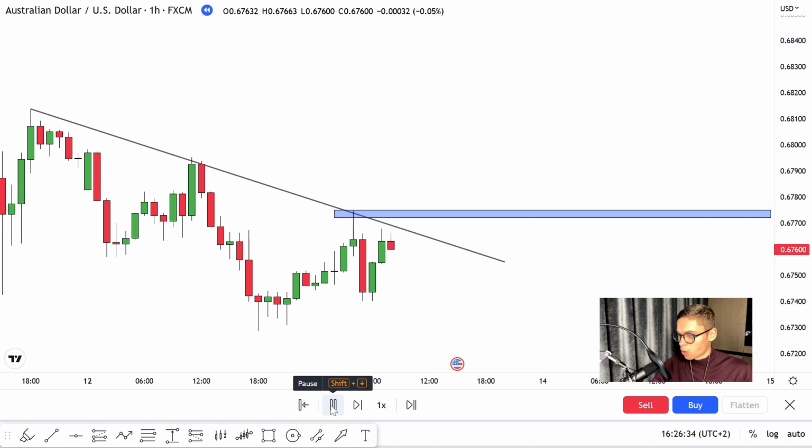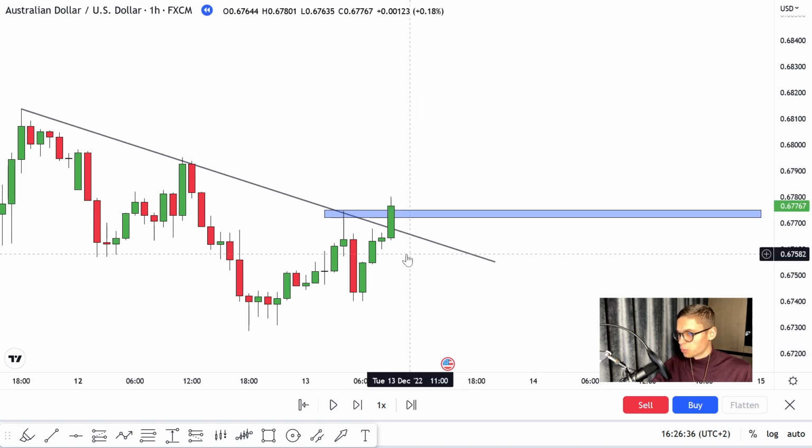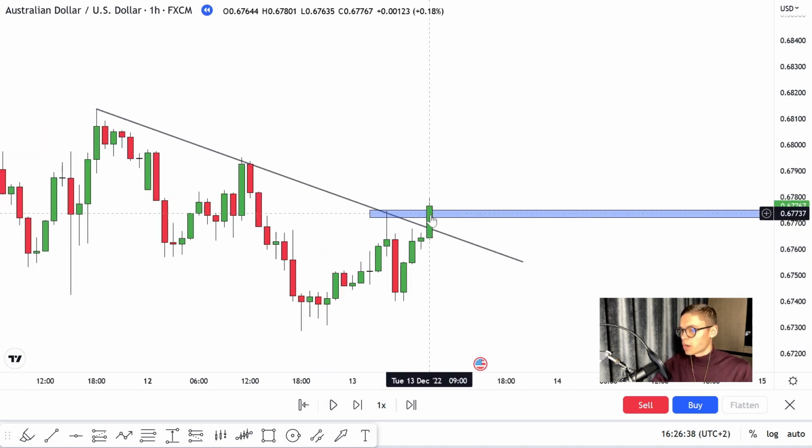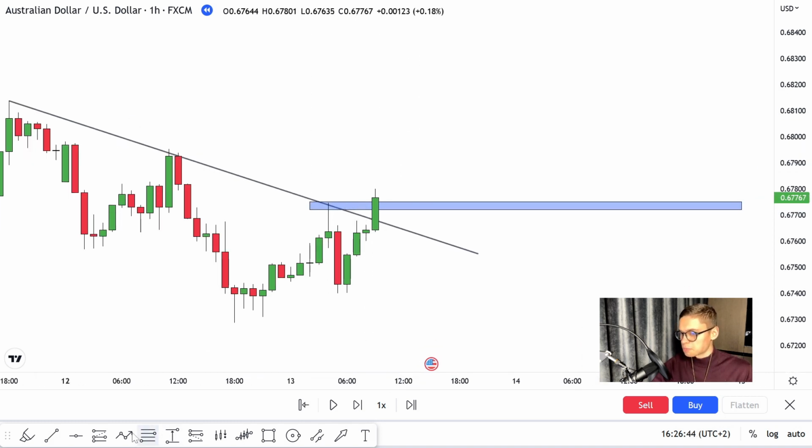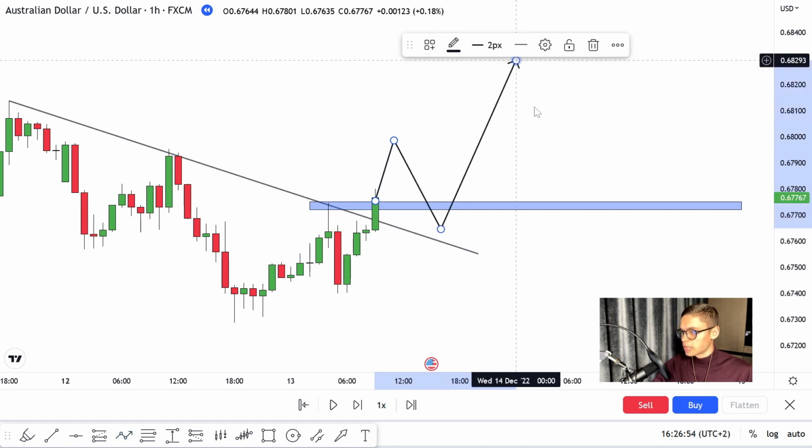Now let's see how everything will go, and then boom, we have our trend line break and the price also broke this level. Now remember, you have two options. The first option is to enter right here, and the second option is to wait and anticipate a retracement to this zone right here and then open a position.